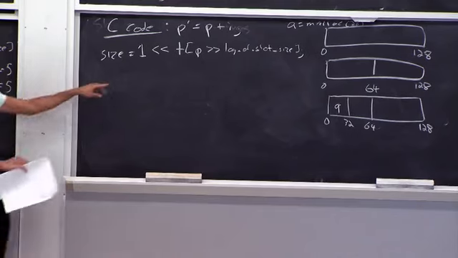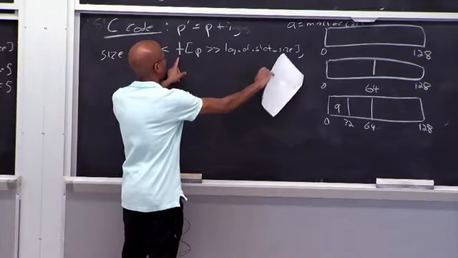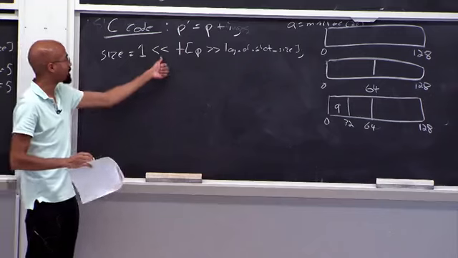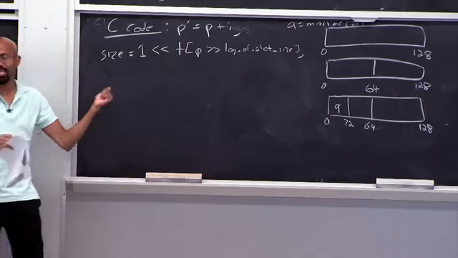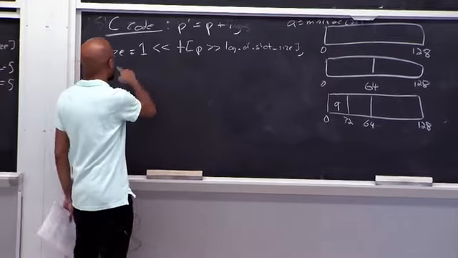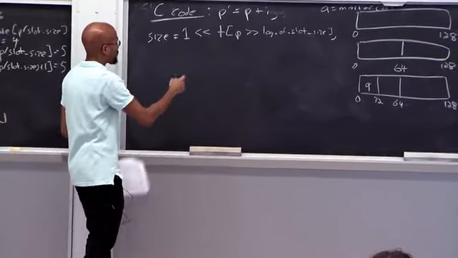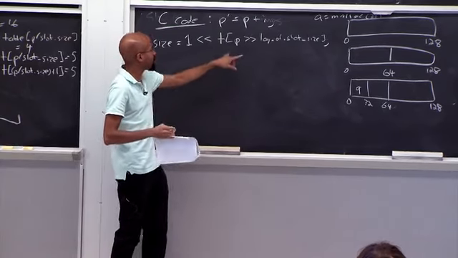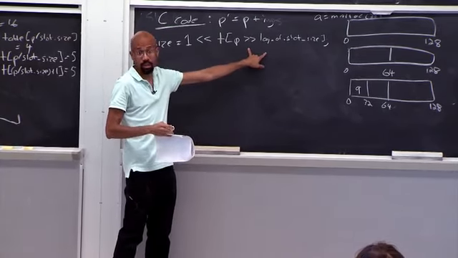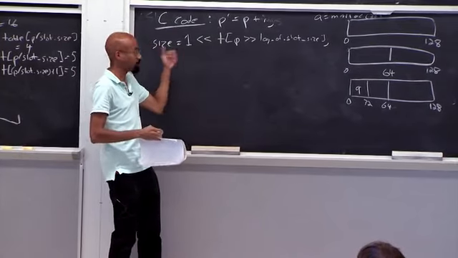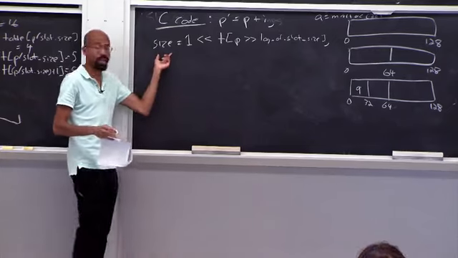So this thing right here will get us the log of the size, and then this thing over here expands that into the regular value. So for example, if the size of this pointer were 32 in terms of the bytes that was allocated, this is going to get us 5 when we look at it on the table. Then when we left shift the 1 this way, we're going to get 32 back again for here.